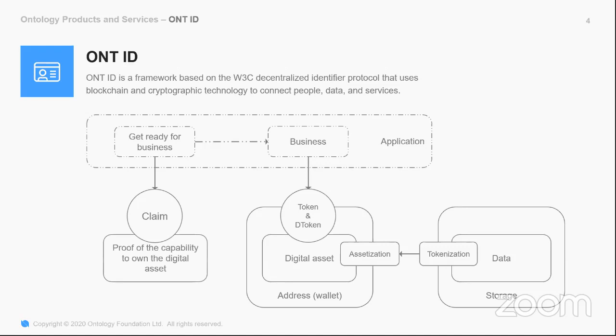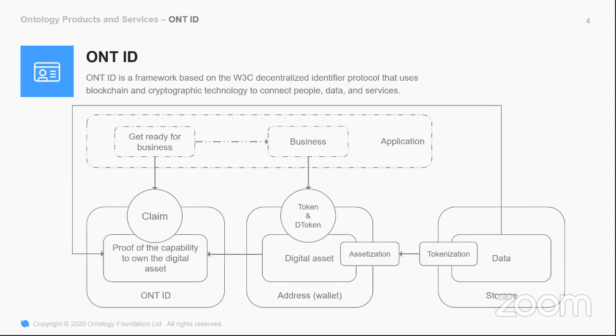A claim is a proof of the capability to own the digital asset. And this turns out to prove the data. Also, based on it, it is related to the Ont Id. So the Ont Id stands not only for people, the end users, but also for the data, the token of the data, the right of the data. And with the technology of claim, of Ont Id, we can get ready for the business, and with the token exchange on the blockchain project, we have our business technology.